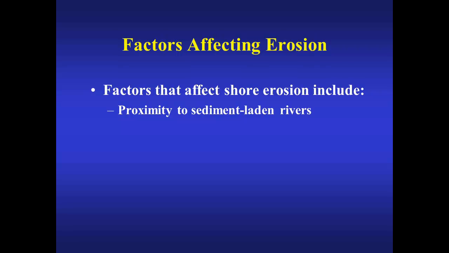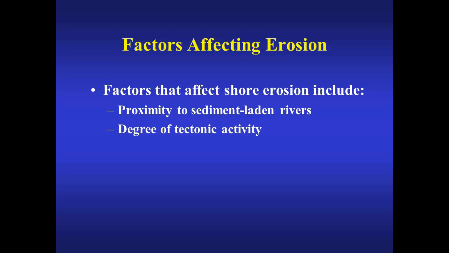If the coastal area is close to a mouth of a river that's bringing in lots of sediment from the mainland, then any sediment that's removed from the beach is quickly replenished by more sediment. On the other hand, coastal areas that are far removed from sediment-laden rivers will not be receiving any sediment, or very little sediment, to replenish any that was lost by erosion.